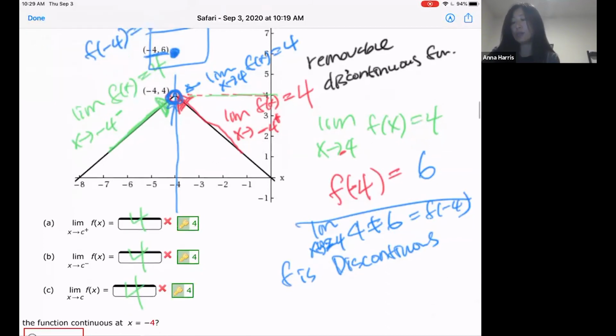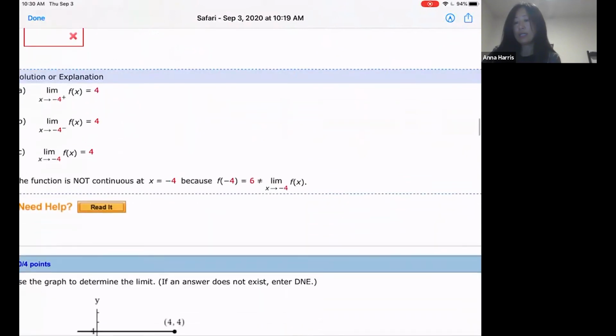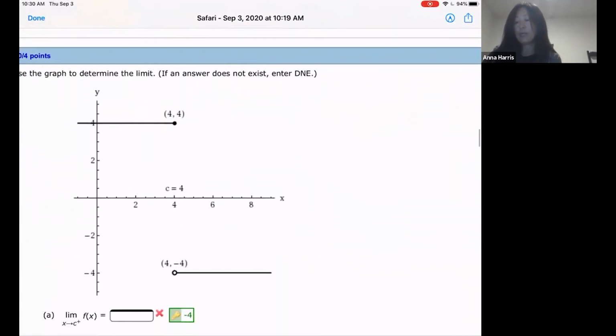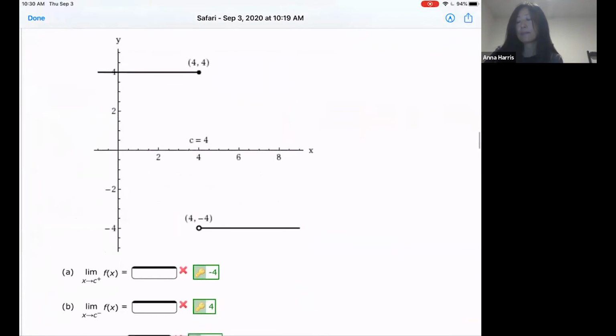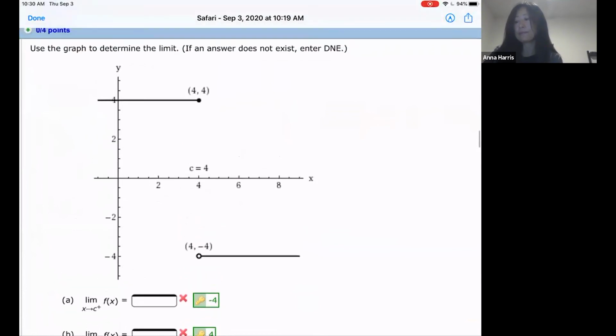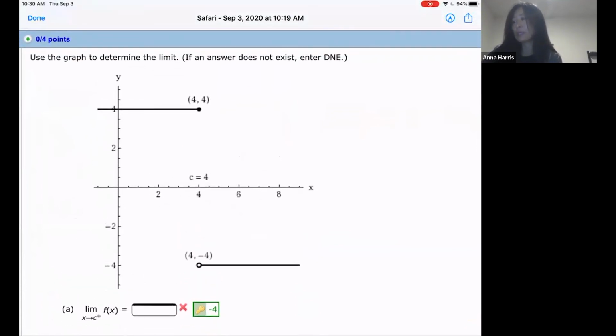So let's move on to another one. What about this one? Can you tell right away this is a discontinuous function for sure? Okay, what about the limit? I want to know the limit at x equal to 4.